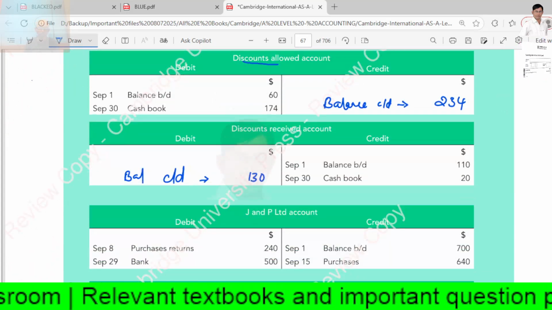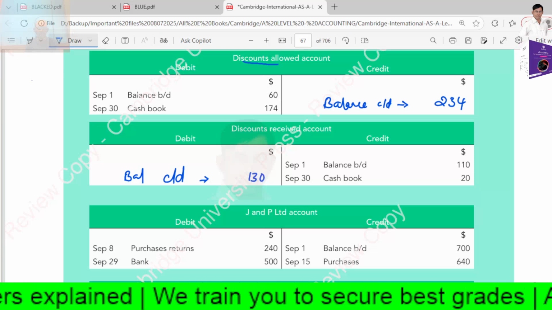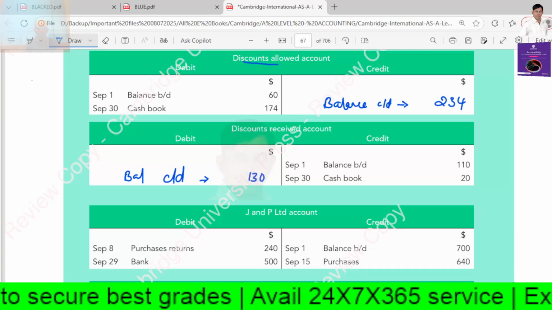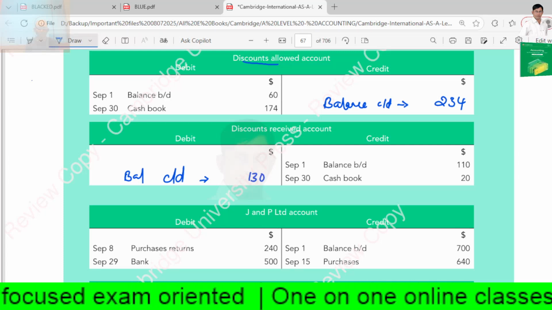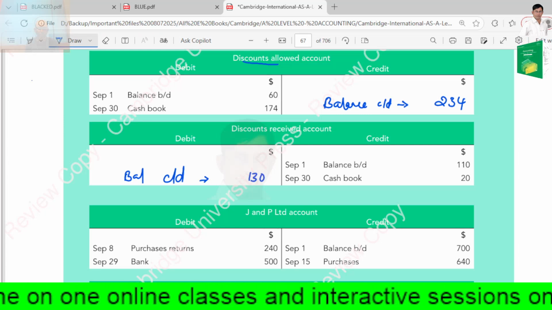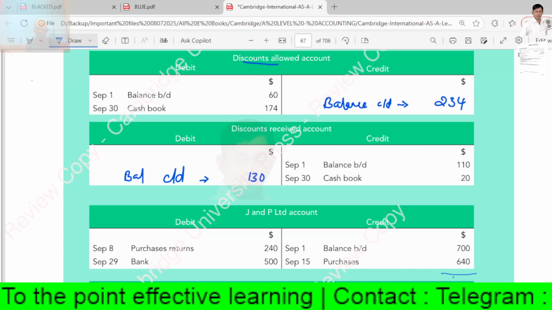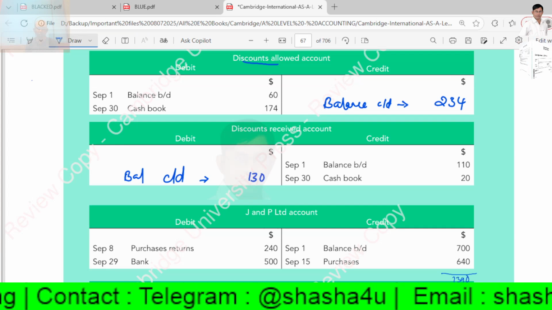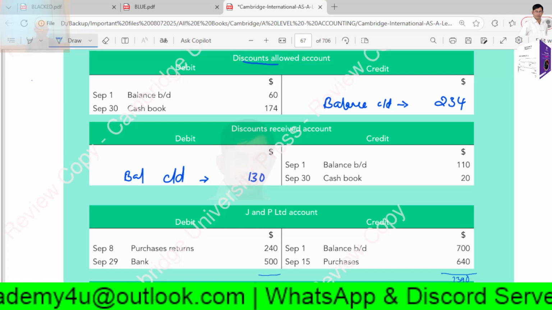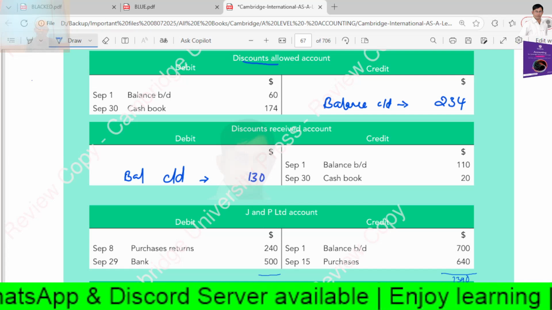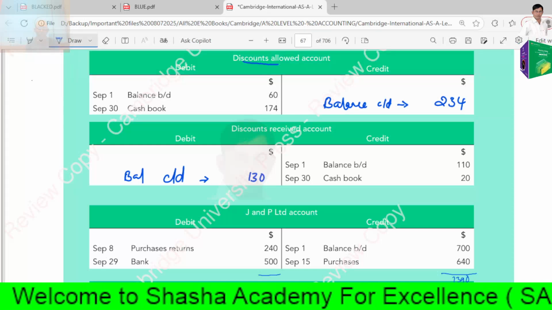Next one, JNP Limited account, purchase returns, bank. On this side there is a total of 1340 and on this side a total of 740. So what do we have to do? To make this side 1340, we need 700.